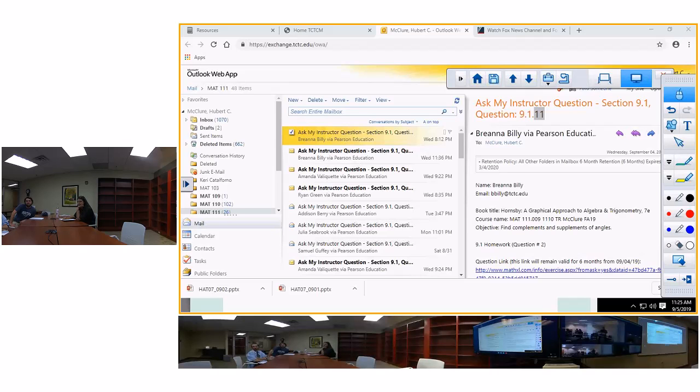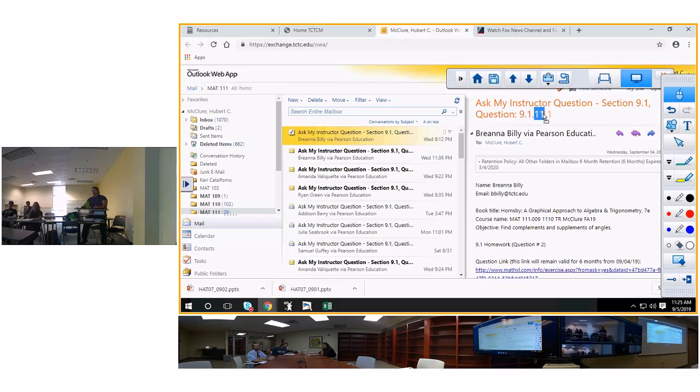There you are. Okay. So the first one is number 11 in the book. If you go to 9.1 homework and look at number 11, it'll look like this problem. The number in the homework is number 2, so that's the number you want to write down: 11/2, 11 in the book, 2 online.